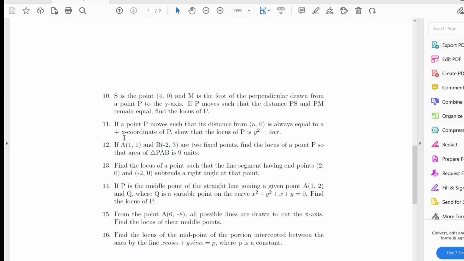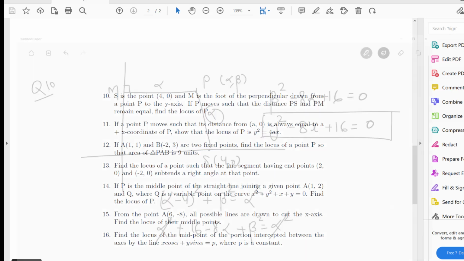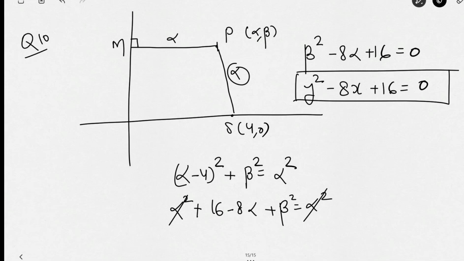Question 11. If a point P moves such that its distance from (A, 0) is always equal to A plus the x coordinate of P, where (A, 0) is a fixed point, then the locus of P is y square equals 4ax. This is all related to the distance formula only.